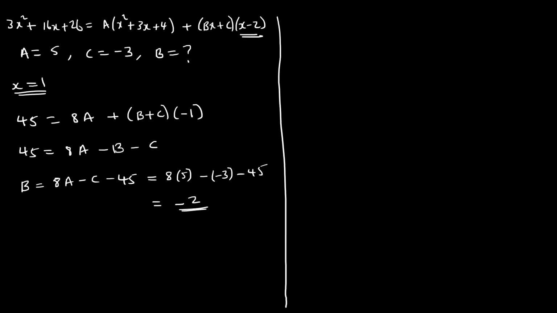There, that's our answer. So now if we put it back to our integral sign, remember integral sign we had a, which is 5, over x minus 2. Then we had ax plus b. Okay, hold on. We had ax plus b. B we got minus 2, right? Let me confirm.